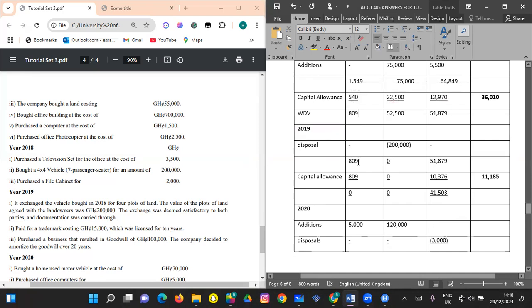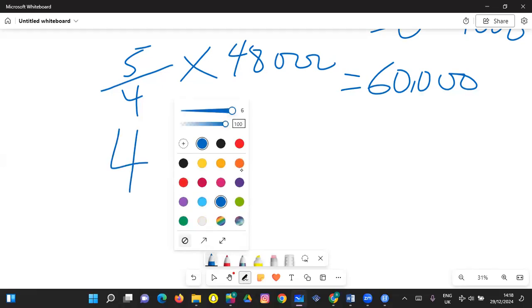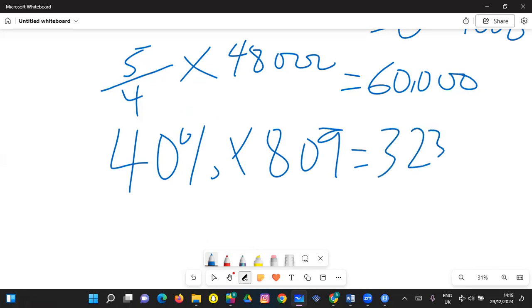When we find 40% on this 809, we are going to get 323.6.